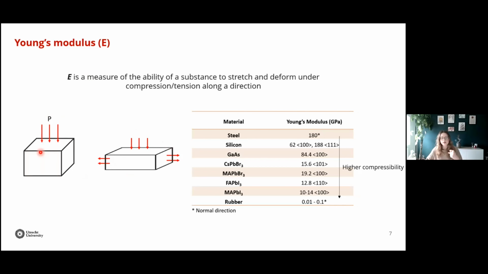And in this case, we have to keep in mind that when we apply pressure in one direction, we also have tensile stress in the other direction, because we have to keep the same volume. So it's not only compression that we have in the system. And here again, you see in this table that silicon and gallium arsenide still have very high values.